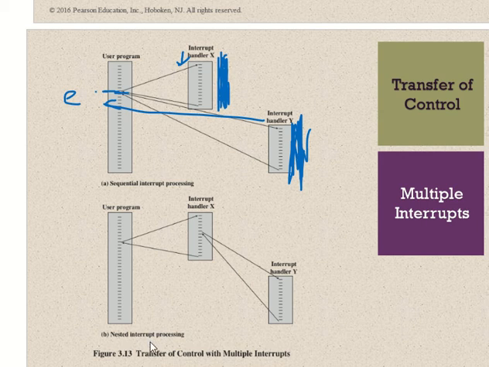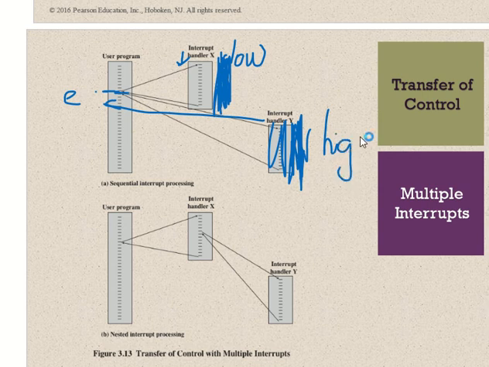But the drawback of this approach is that we don't consider the priority. Maybe I was executing an interrupt service routine which has low priority. While I was executing, I receive an interrupt signal which has a high priority. What do you mean by high priority?